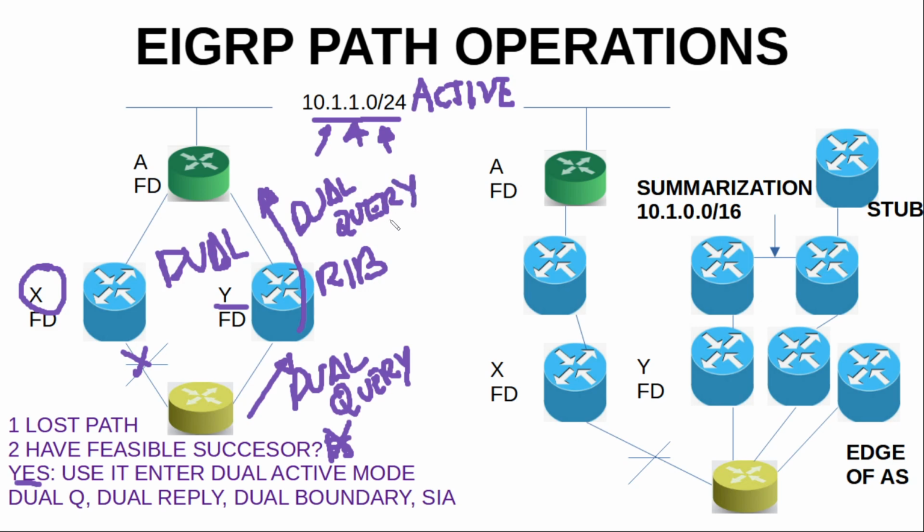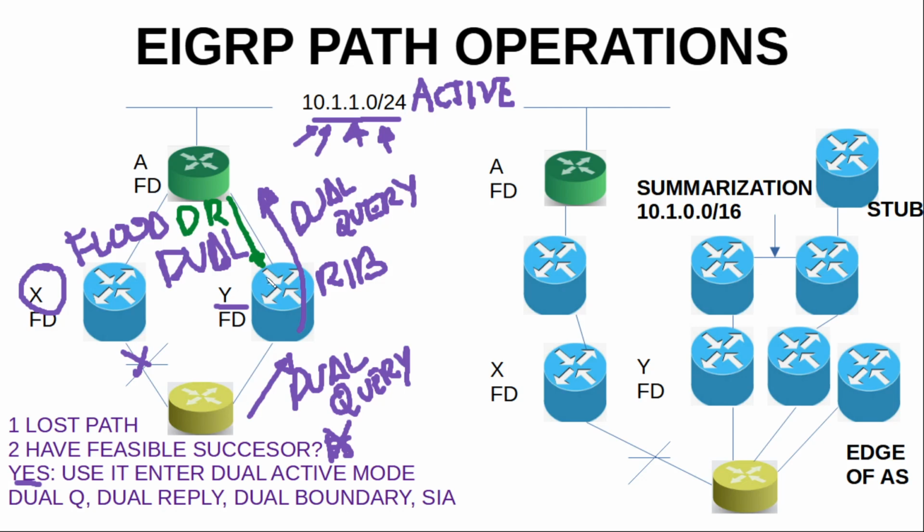It will have to do so for every single upstream neighbor that it has. So in this sense, you can start to see that DUAL queries are going to flood your network looking for an answer. When this DUAL query reaches the green router, let's imagine that this green router actually knows a path to reach this destination, then this green router has to answer with a DUAL reply.